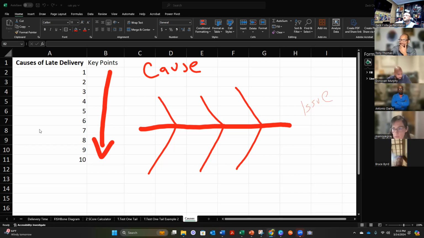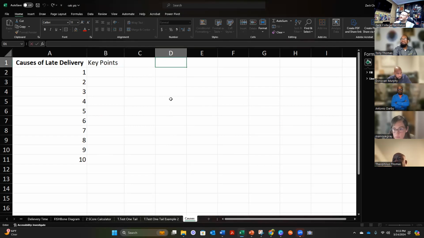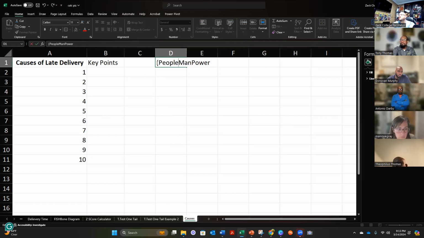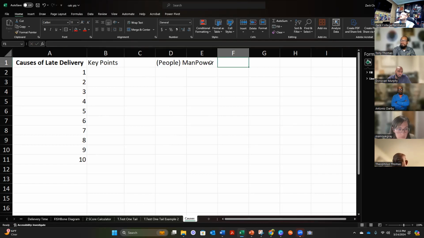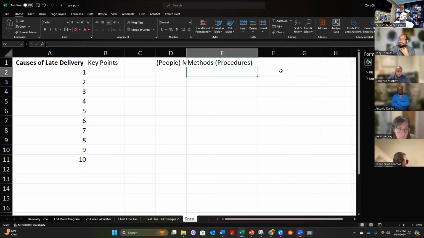So if I broke this down and I look at this, manpower, I can also look at this as the people aspect. The methods, procedures, going through that.